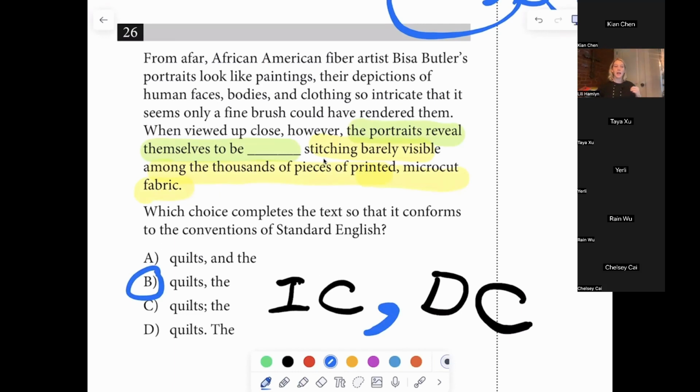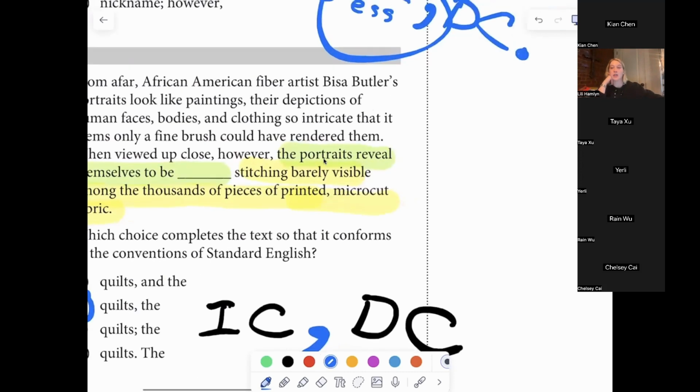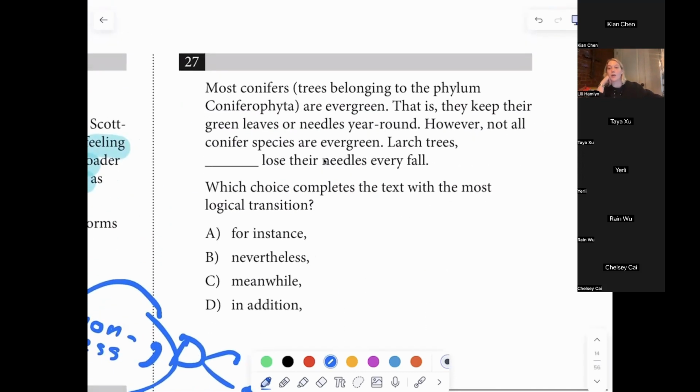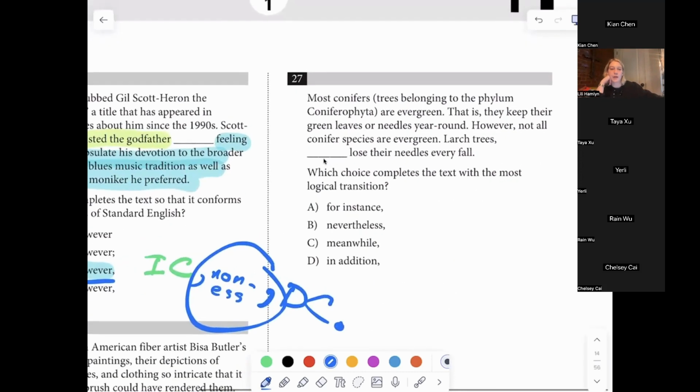Okay, cool. Let's do one more transition word question on this. And then if anyone has any questions, you can ask me. All right, have a look at this one. Most conifers are evergreen.